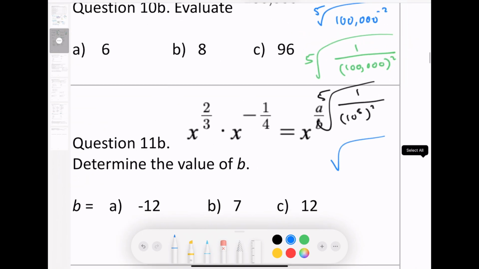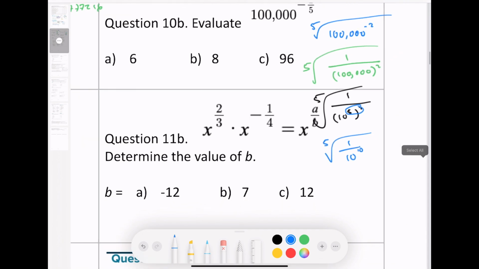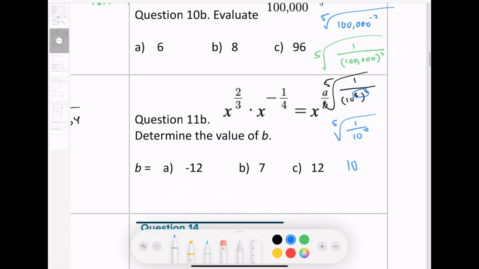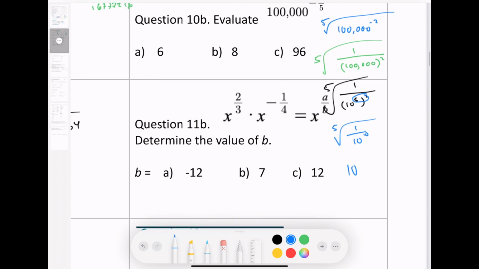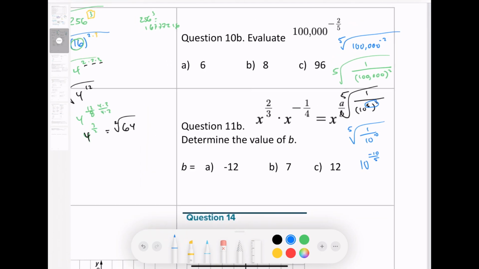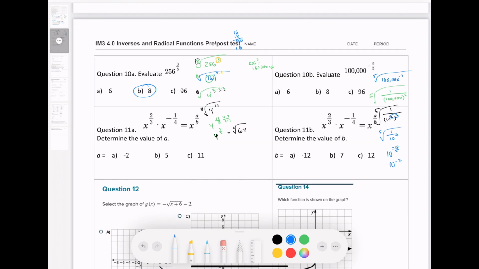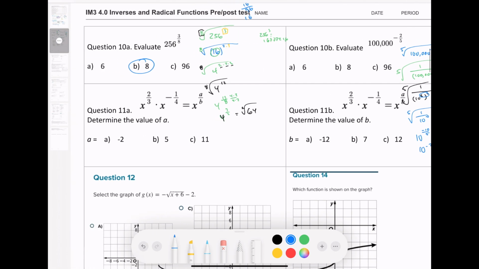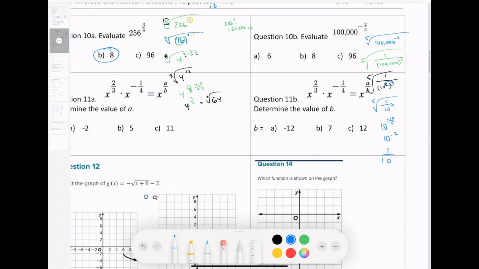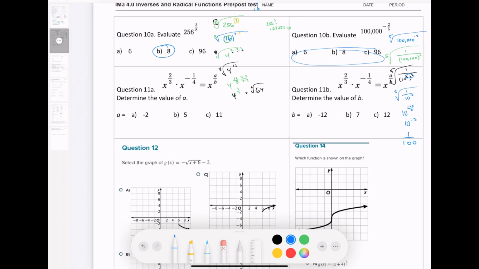Okay, so that would be 1 over, multiply 5 times 2 is the power rule, so it's 10 to the 10th power. And if I put it back, it's going to be 10 to the negative 10 divided by 5. And this will give us 10 to the negative 2. All right, so our answer is 1 over 100. Gotta change those answers.